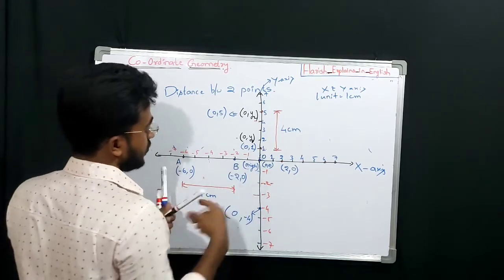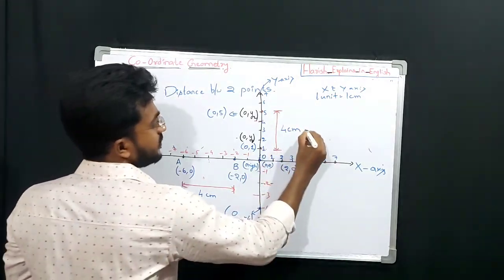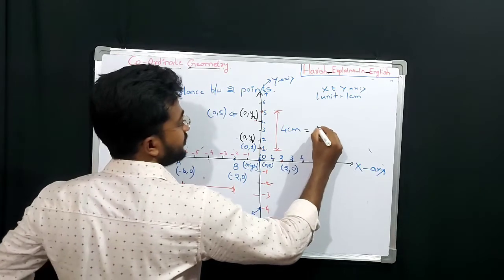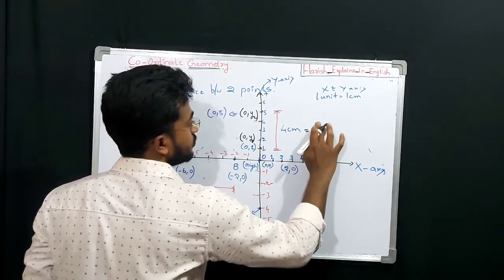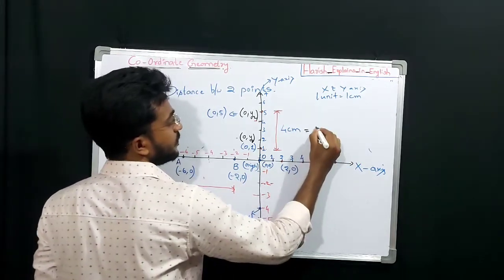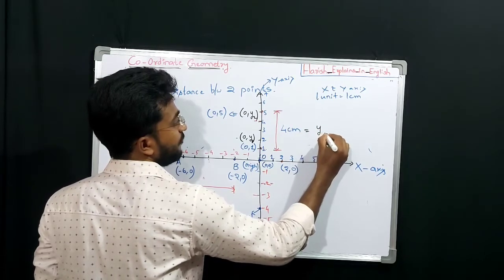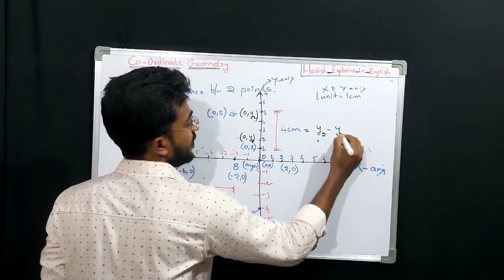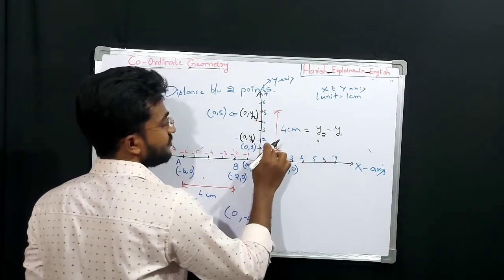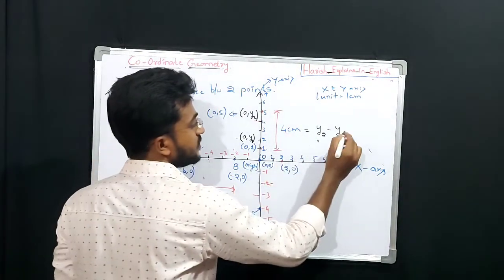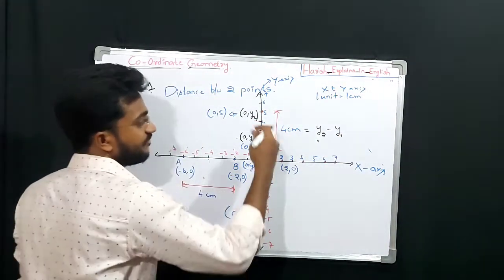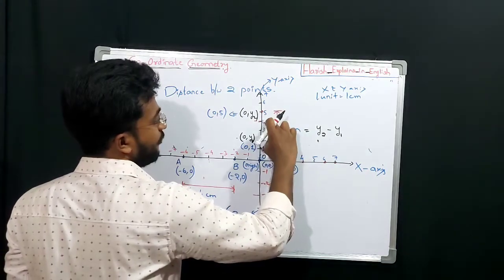Here you can check. So what is the formula you are getting here? y2 minus y1, is that right? 5 minus 1 is 4 centimeters. Okay, let us check for the other two. You take 4 and 2.